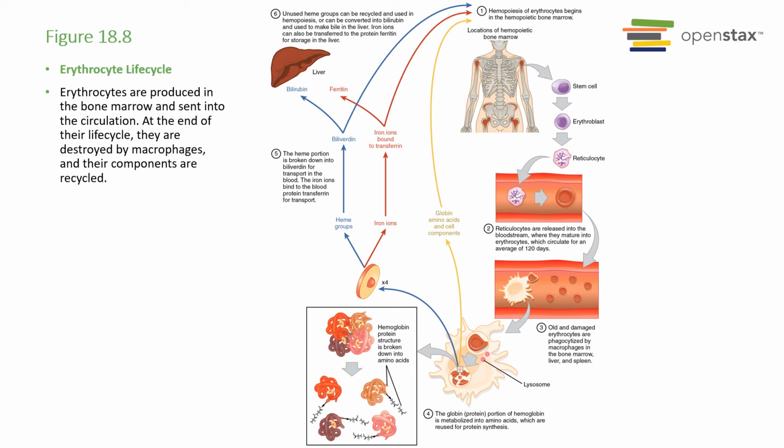It's just carrying that oxygen. And they last about 120 days, and then they're recycled in the spleen where the body tries to get that hemoglobin, that iron molecule back, right? So some of this is processed as bilirubin, some comes back and is reused in the bone marrow.